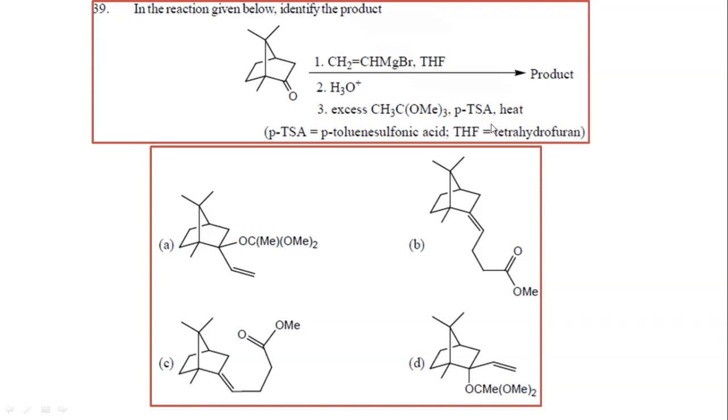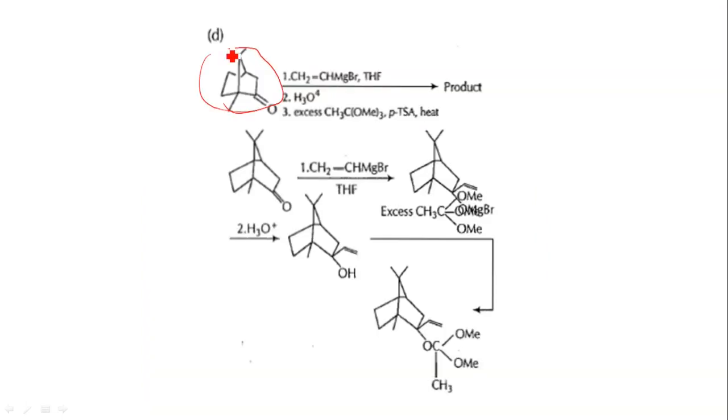Here the options were given. This reactant was treated with the first Grignard reagent, CH2=CH-MgBr, and this CH2=CH will add here to MgBr, so you will get the addition like this. This will add at a carbonyl carbon, where this is delta minus and this is delta plus.